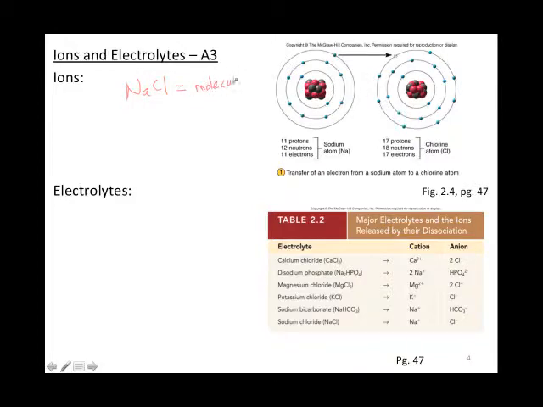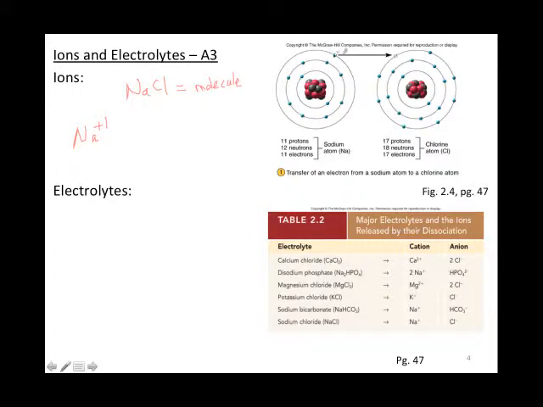Okay, so a compound is when you combine 2 or more different atoms together, but one instance of that, if I had 1 sodium and 1 chlorine bonded together in my hand, that would be 1 molecule of sodium chloride.